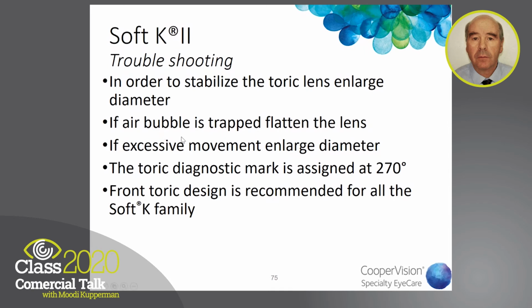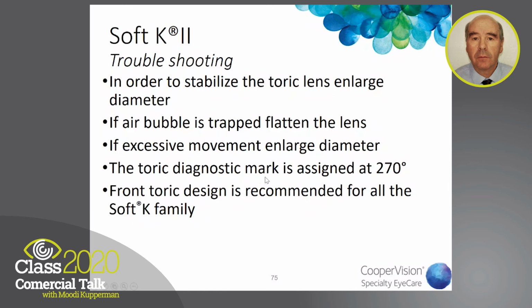If an air bubble is trapped, you should flatten the lens. In most cases, just rubbing the lens a bit will take off the bubble caused by insertion, but if it rarely happens, just go to a flatter base curve. If there is excessive movement, enlarge the diameter.